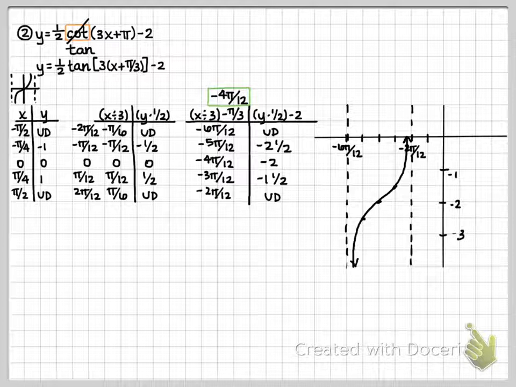I just think that when I try to graph cotangent with only 1 period of tangent, I have a hard time seeing it. So I'm just going to copy what I've got down here. So after an asymptote, it looks like I am down, then at -2, and then up, and then it looks like I have another asymptote.